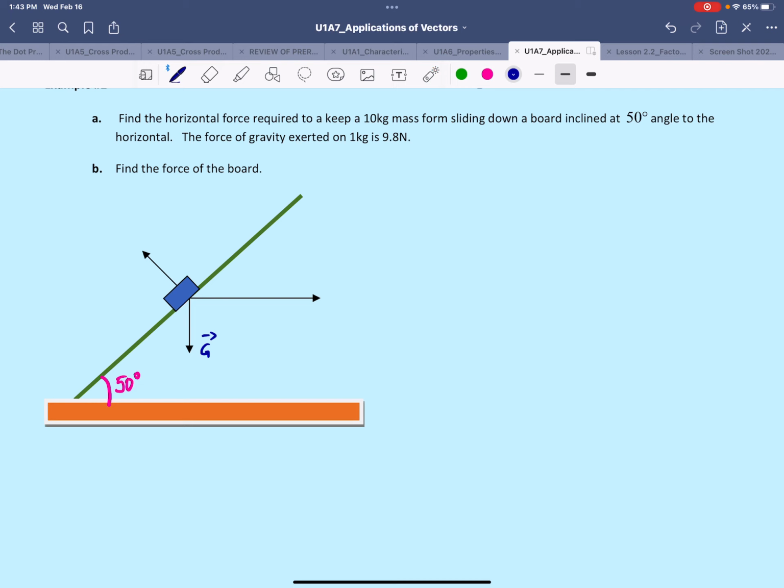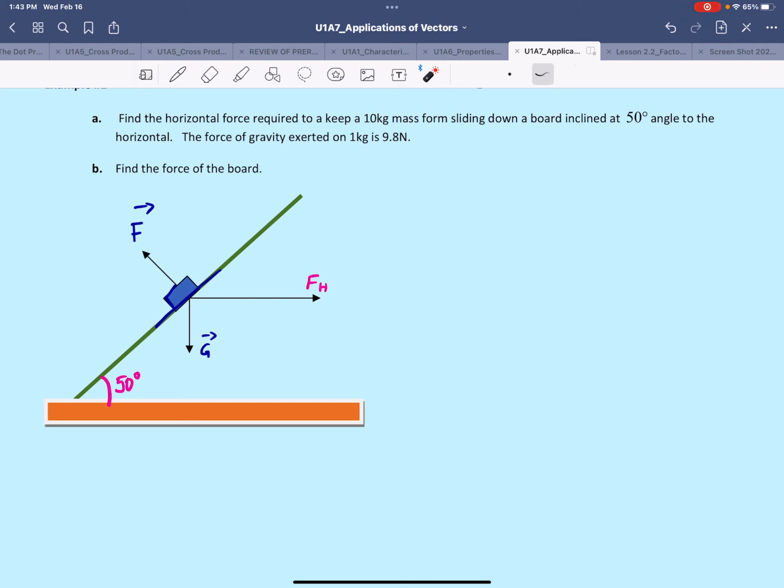Remember that one of Newton's laws is that when you apply a force onto an object, it will act against the force. We call this the normal force, okay? And it's perpendicular to the ramp. So we're going to name this the force FN. We're going to name the horizontal force FH. And here is gravity as well.